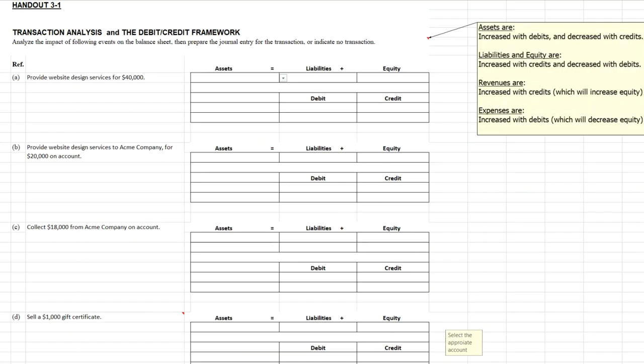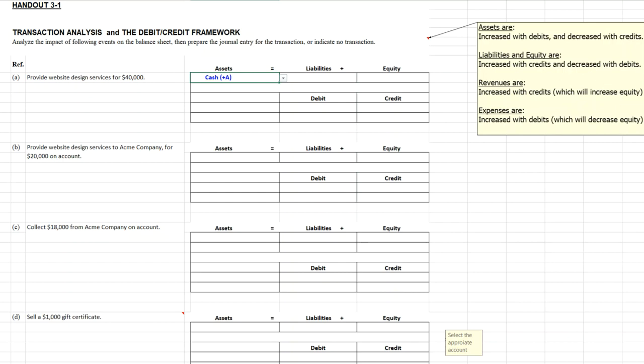All right, let's go ahead and analyze the impact of some events on our income statement, and we'll indicate with a journal entry whether there's a transaction or no transaction. A, we provide website design services for $40,000. So we've provided a service and we'll have a revenue, and we are receiving cash.